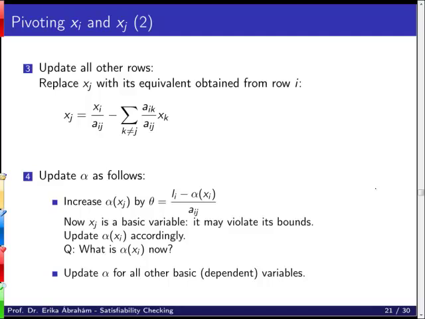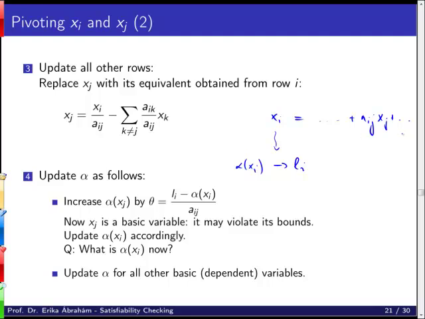So again, the old equation was xi equals a sum plus aij xj plus some more. So I have to increase the value of xi from alpha of xi, it will be changed to li. I increase its value such that it exactly satisfies the lower bound.